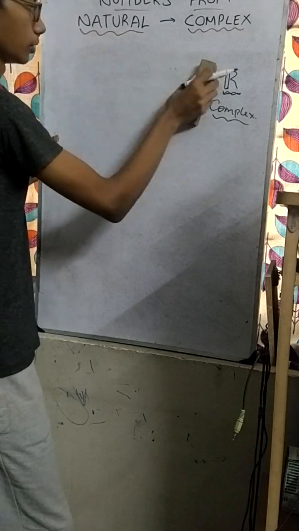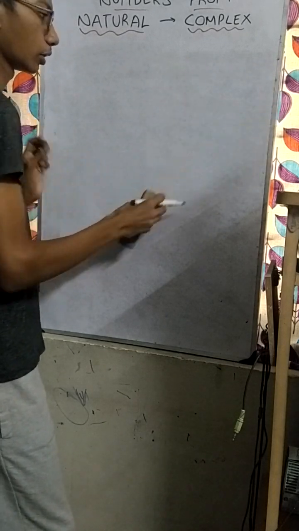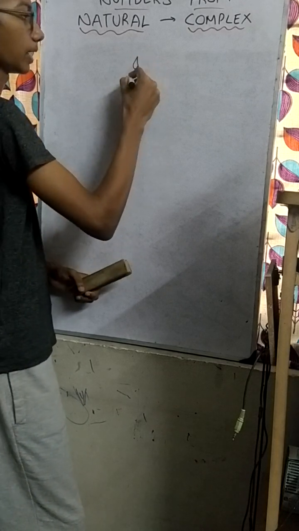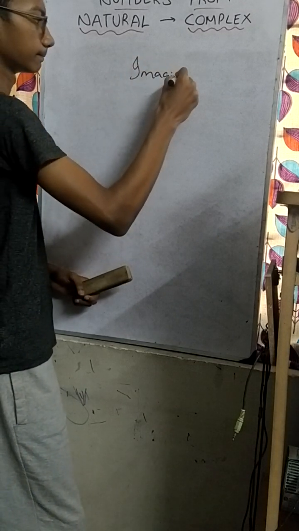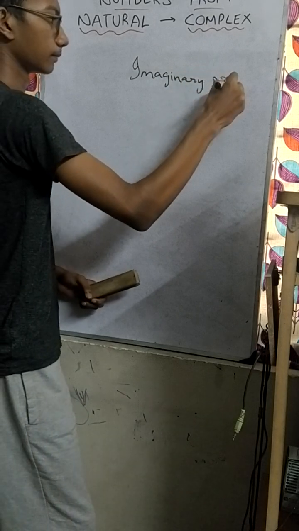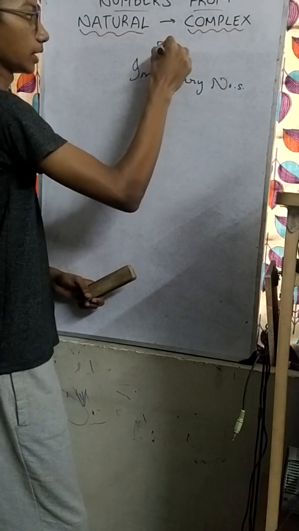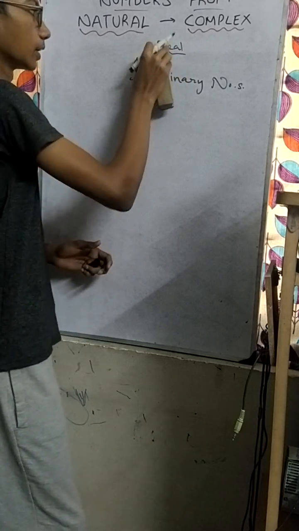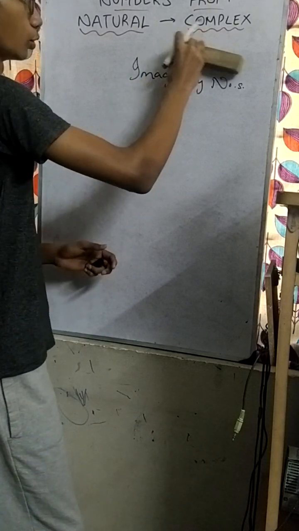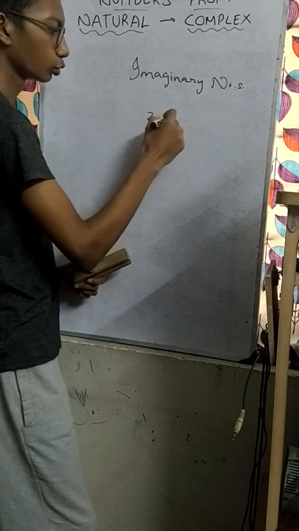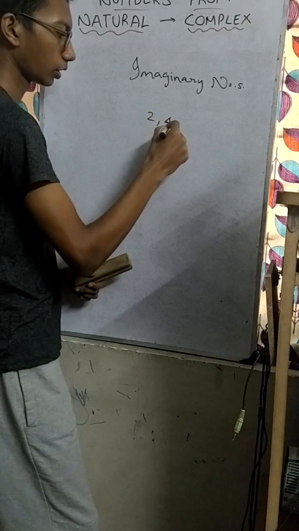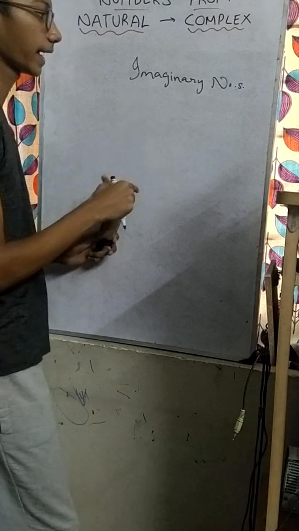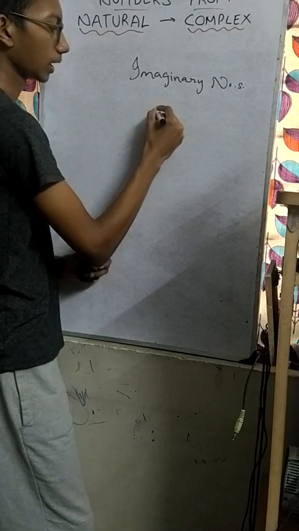So the next number we will see is actually not complex number, but it is the definition of complex number, that is imaginary number. Earlier we saw real numbers. The opposite of real numbers gives imaginary numbers. That is, all the numbers we know, like 2, 4 by 3, we come across often, but these numbers are a little bit rarer in maths. So the letter is i.